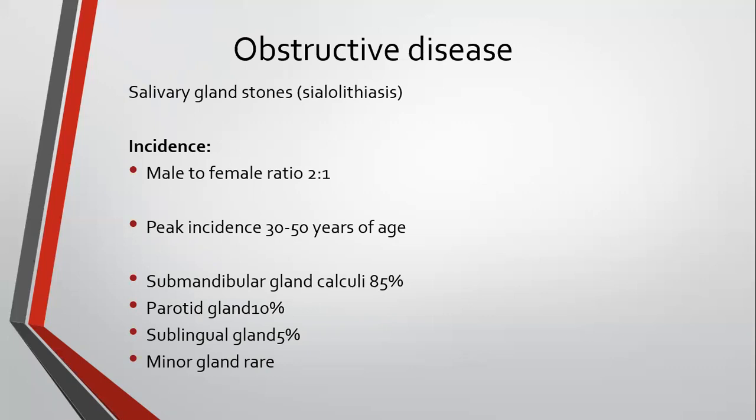In the submandibular gland, it is highest, basically 85%, in the parotid gland 10%, and in the sublingual gland 5%. It can come in the exam as an MCQ: salivary stones are most commonly present in which type of gland? Your answer will be the submandibular gland.